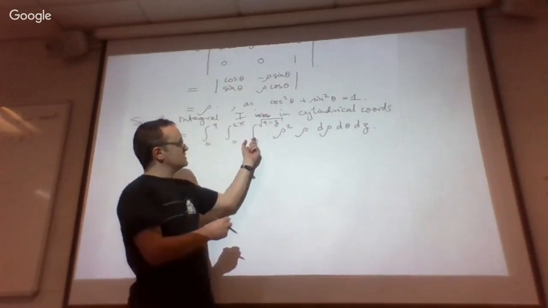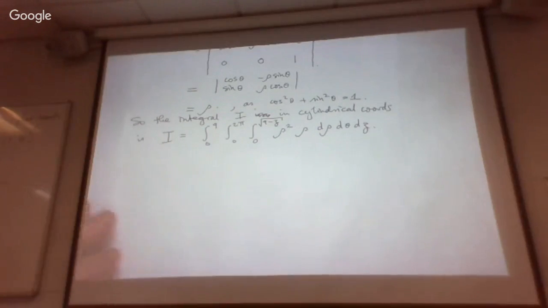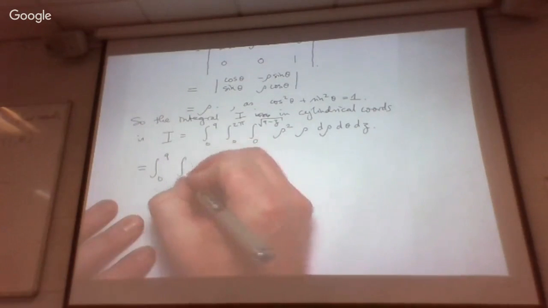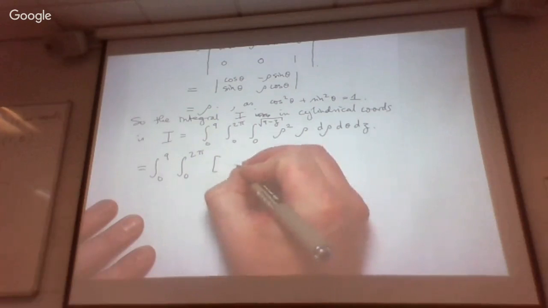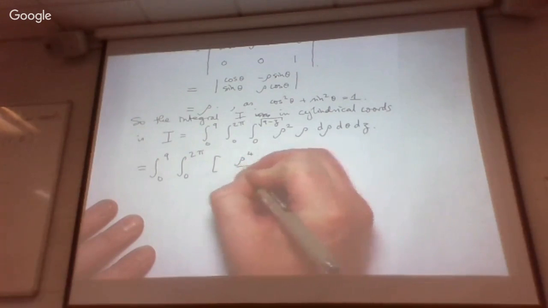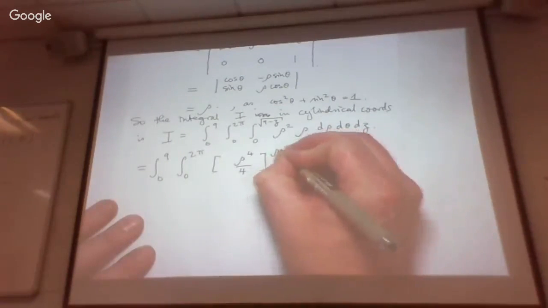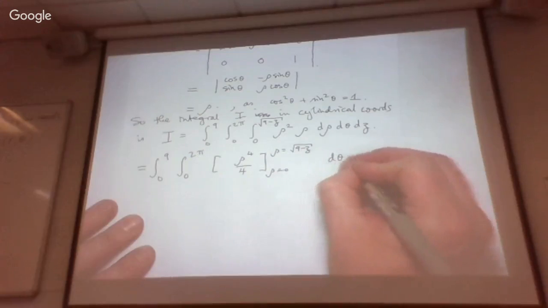Now the inner integral is the integral of rho cubed d rho. So that won't trouble us too much. So that's going to be rho to the power 4 over 4. And that's evaluated at rho equals 0 and rho equals the square root of 9 minus z.